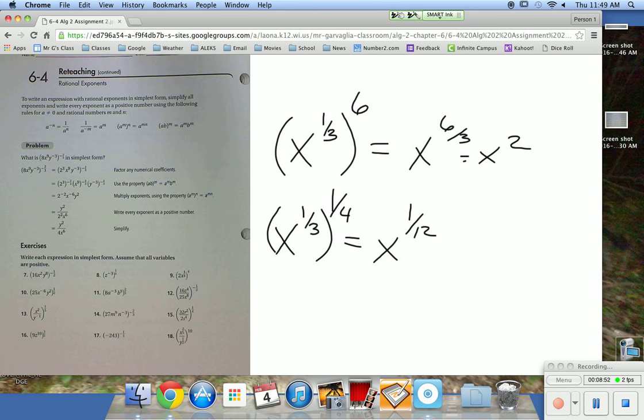Multiply numerator times numerator, denominator times denominator. You can do that. You'll crank out 18 of them, no problem at all.